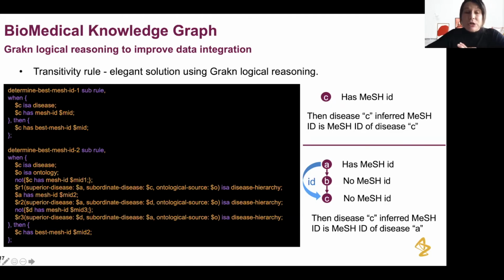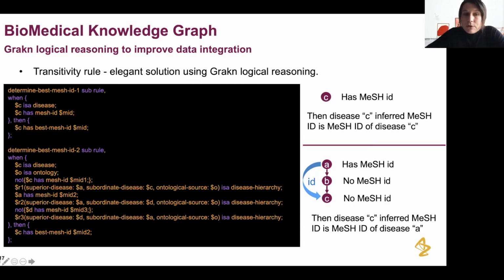And why is MeSH ID a problem? Because MeSH is a slightly shallower ontology than EFO, so it's not that granular. But still there are a lot of cross-references between them, EFO and MeSH, in this particular case.